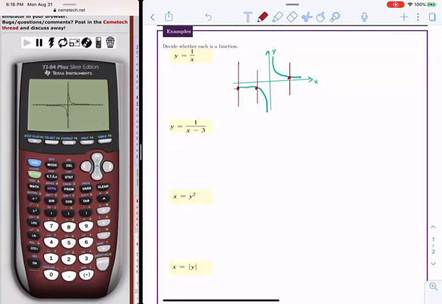So the first one that we have is a function. This relation, y equals 1 over x, passes the vertical line test. Since it passes the vertical line test, the expression y equals 1 over x is a function.